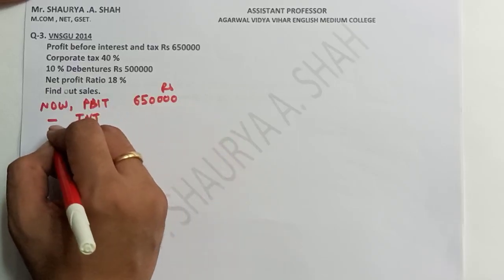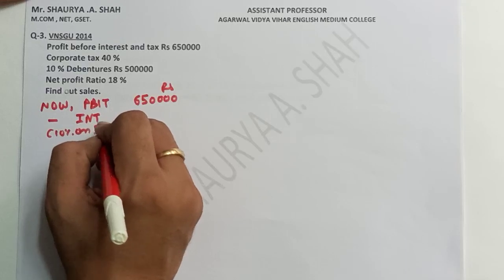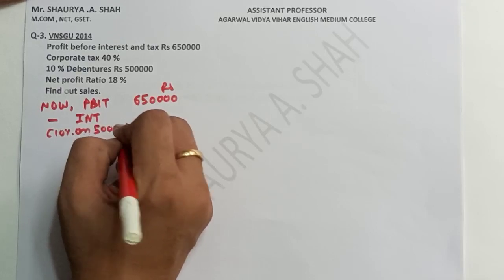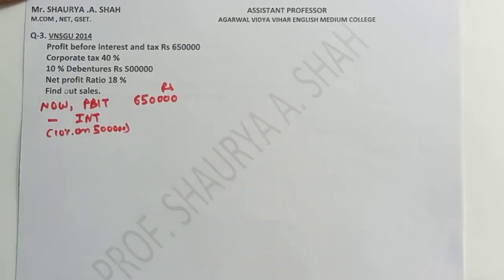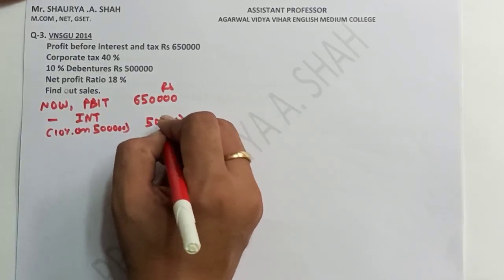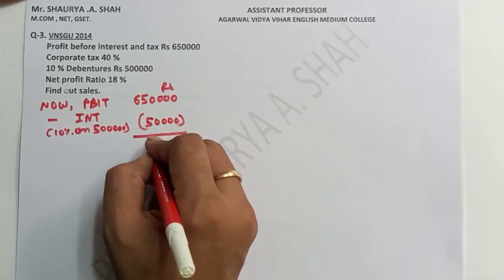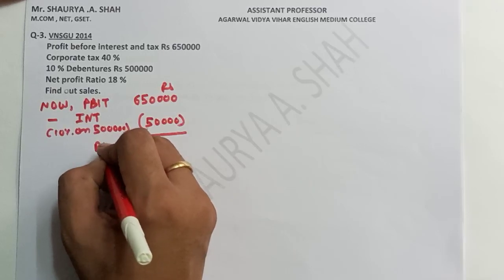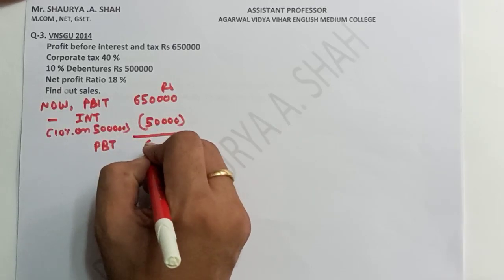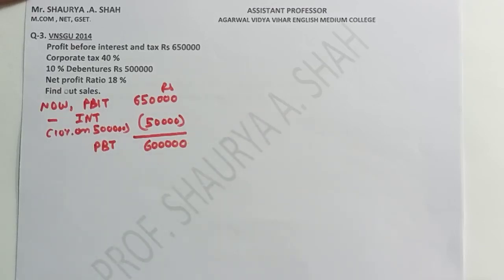Interest is 10% on debentures of 5 lakh rupees, which gives 50,000. So profit before tax, after deducting interest, is 6 lakh rupees.